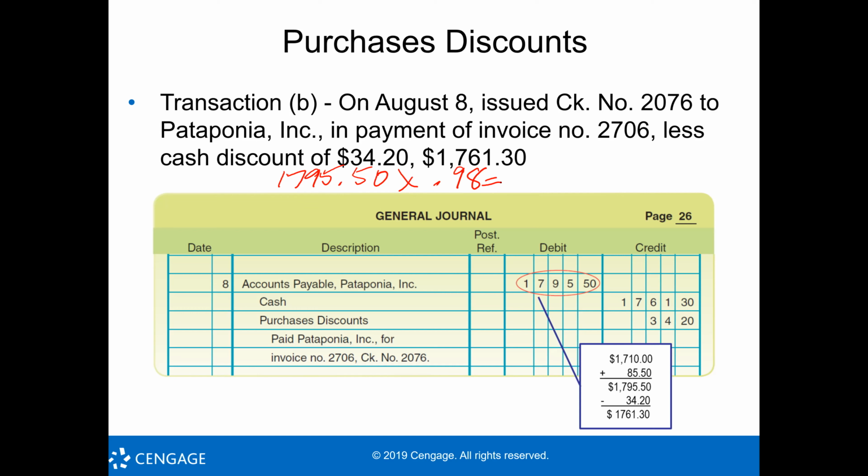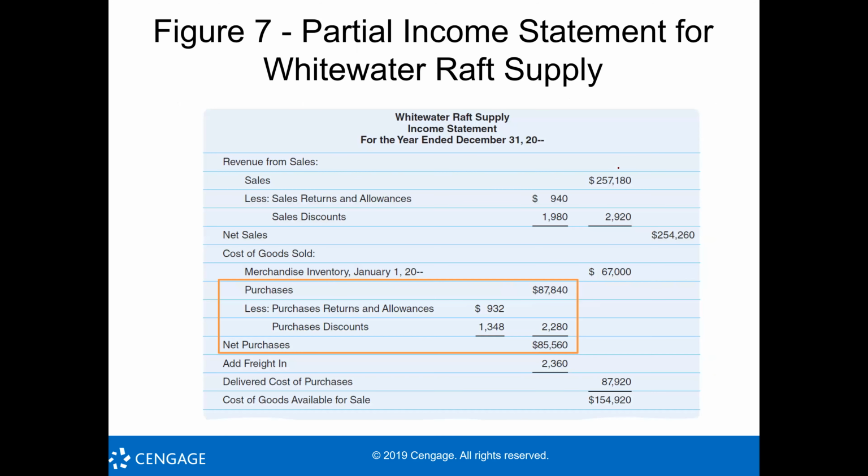We only have to pay 98% of this invoice, right? And so that's where we get our cash amount that we're going to have to pay, 1,761.30. Right. Okay. Not too bad, I think. Anyway, we've already got some practice with it together, so we'll get some more practice in class.